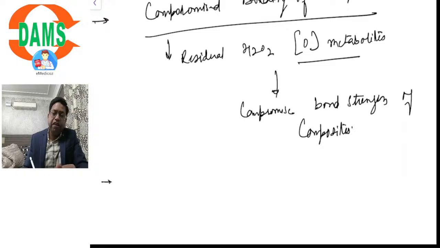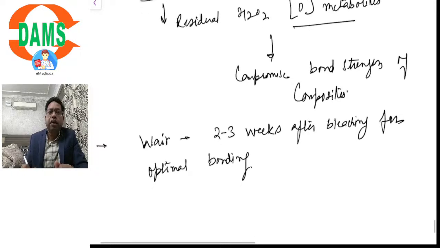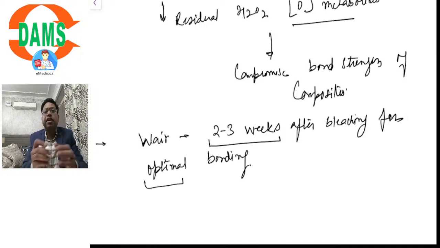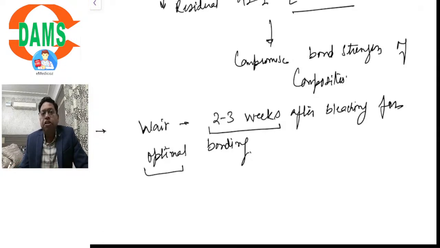So it is always justified to wait 2 to 3 weeks after bleaching for optimal bonding. If we are planning to apply composites to bleached enamel and dentine, it is justifiable to wait 2 to 3 weeks for optimal bonding. If you are getting a question asking how much you have to wait for the best bond strength, and 2 and 3 weeks are separate options, then stick to 3 weeks.